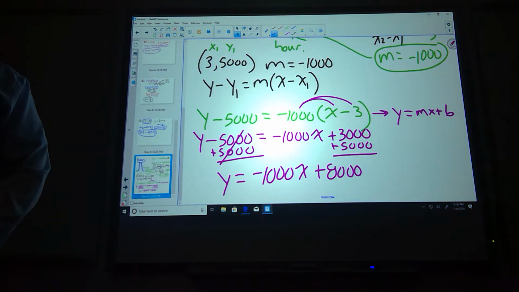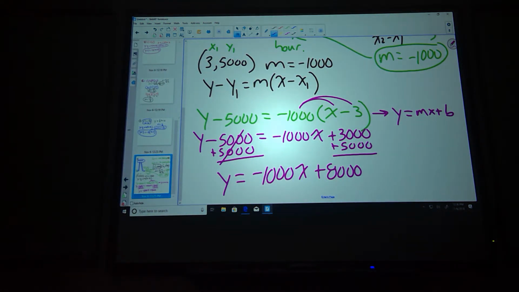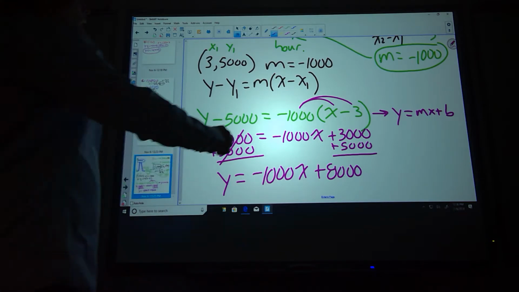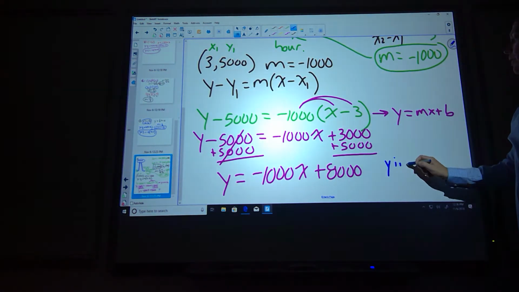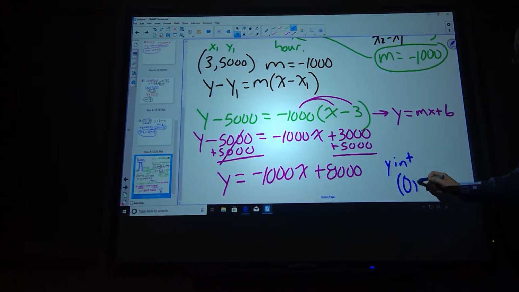Okay? This tells me a lot. What's my y-intercept of this equation right here? Yeah, so it's 0, 8,000. Okay? So this is another point. So let's figure out what this even means.